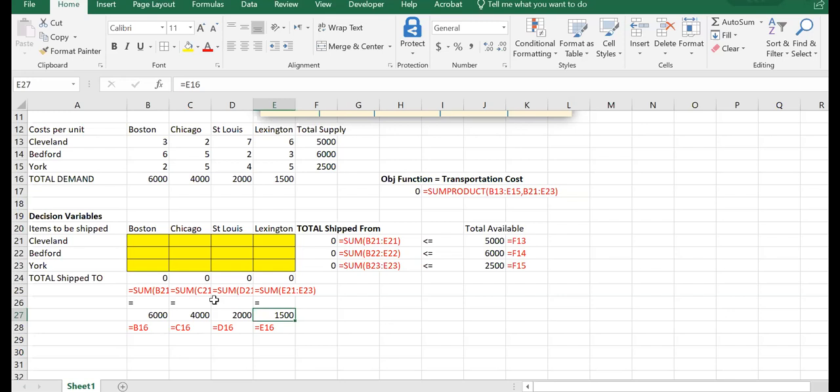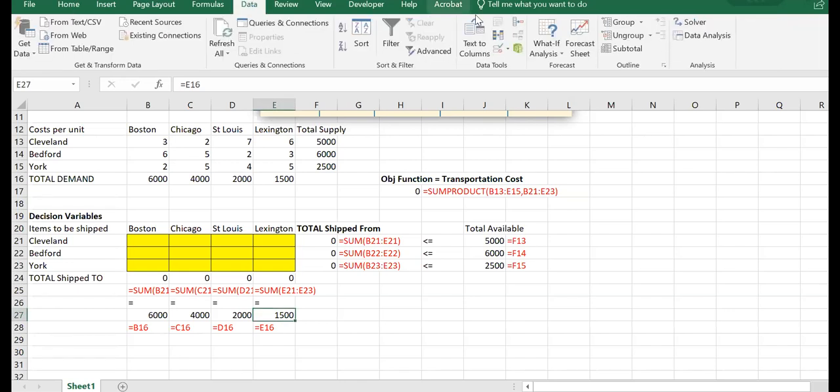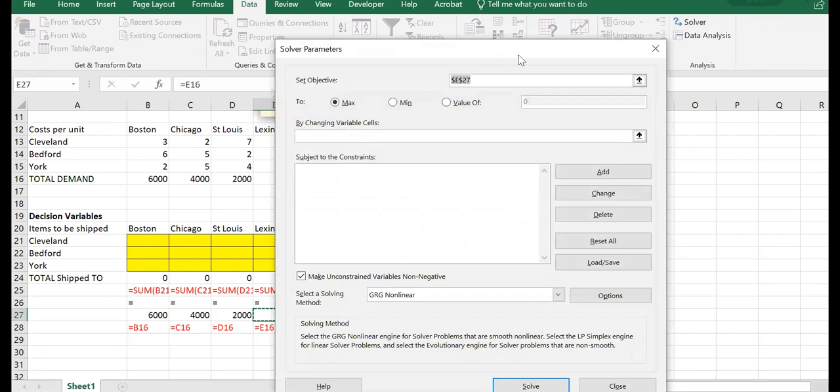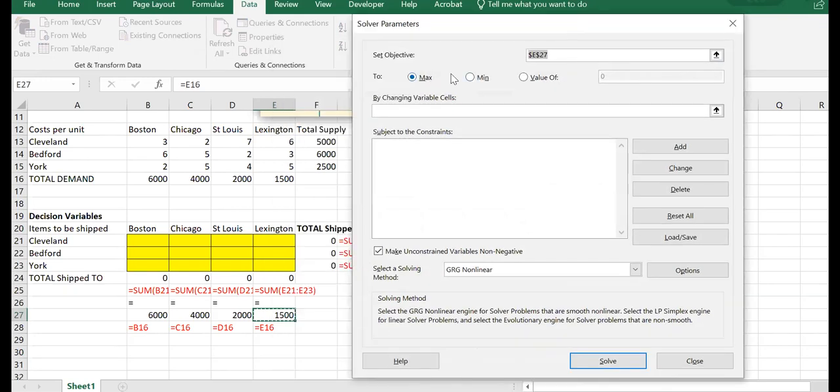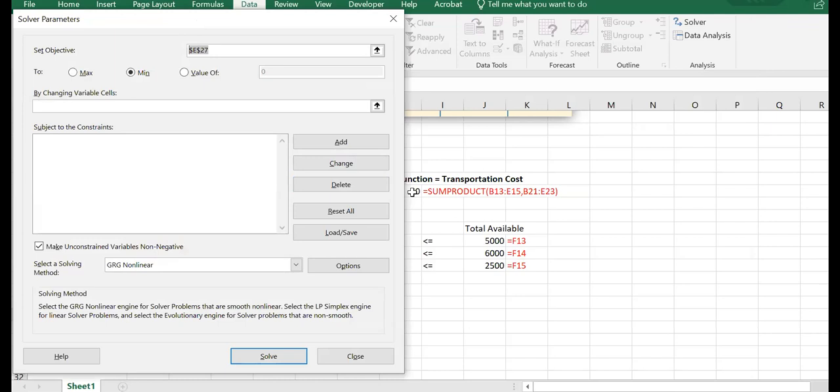Now we're going to set up the solver and solve the problem. So if we go to the Data tab and call the solver, make sure to change it to minimization. We want to minimize the objective function, which for me is H17.